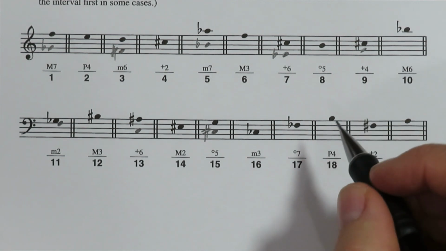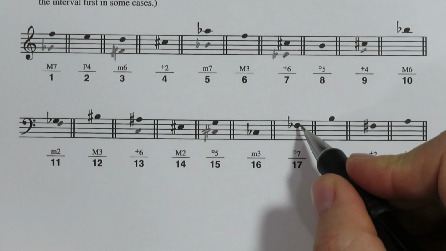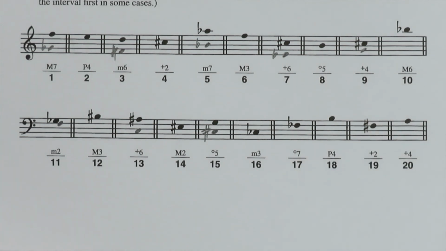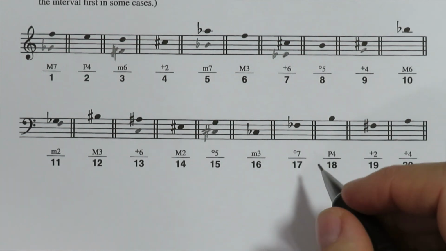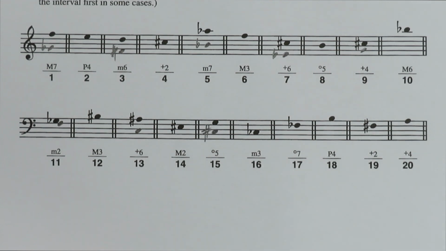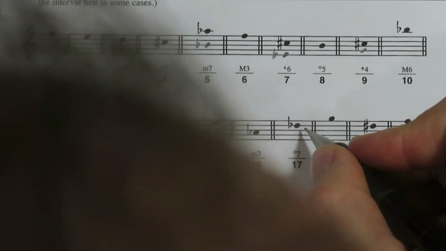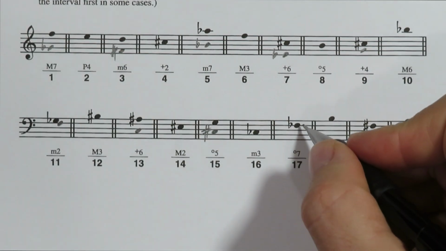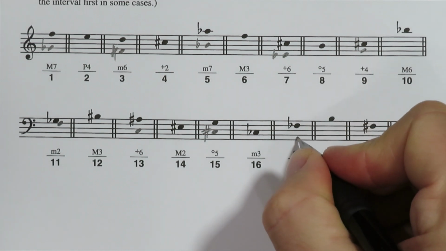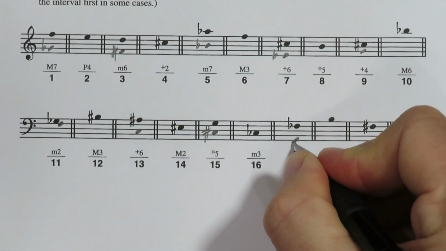Okay, number 7. We have an F flat. We want a diminished seventh below that. So sevenths invert to seconds. So a second above the F would be a G. So we'll put our G down here.